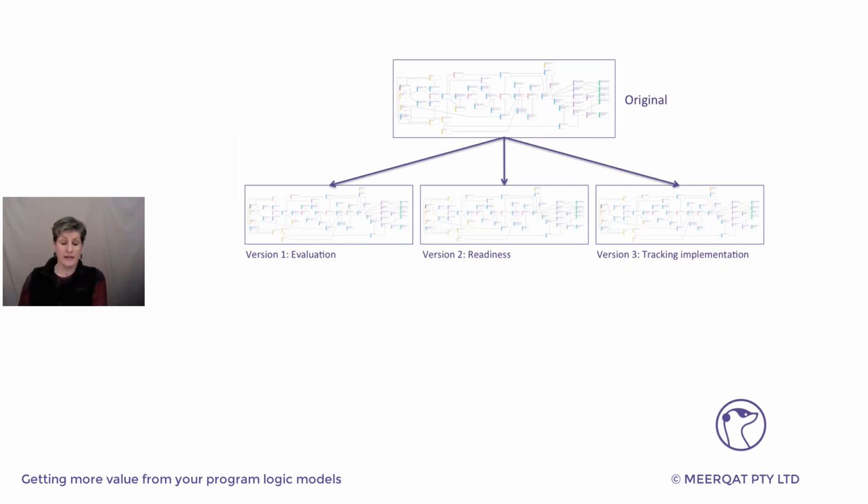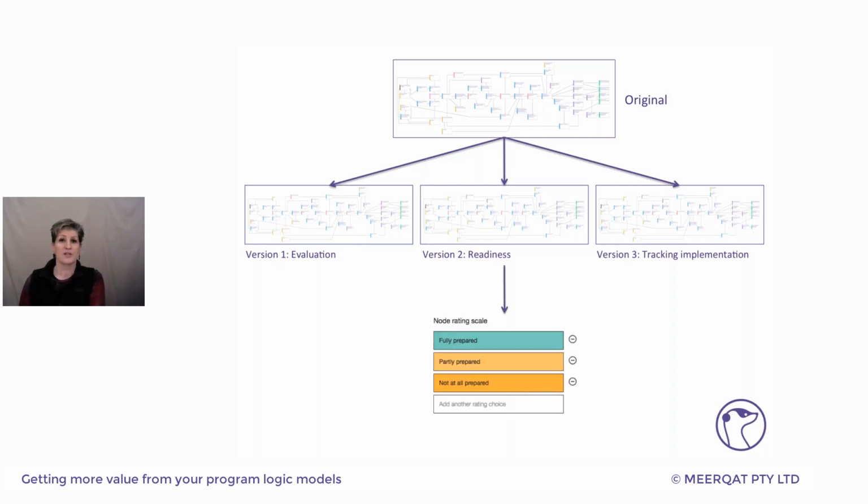So let's look at the second example, readiness to implement a program. To assess the readiness, you'd want your rating scale to reflect the level of preparedness. And so you might choose a simple 3-point scale, such as fully prepared, partly prepared, and not at all prepared.